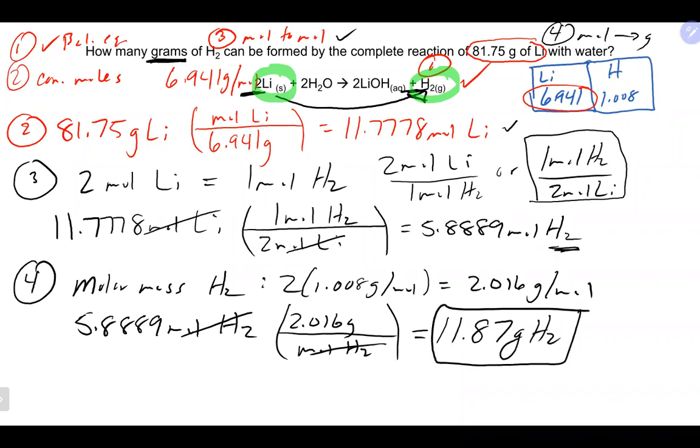So what this means is if you did this reaction and you tossed in there 81 grams or so of lithium and everything went perfect, you should get out 11.87 grams of H2 should be produced in this reaction. Any question on any of those steps?